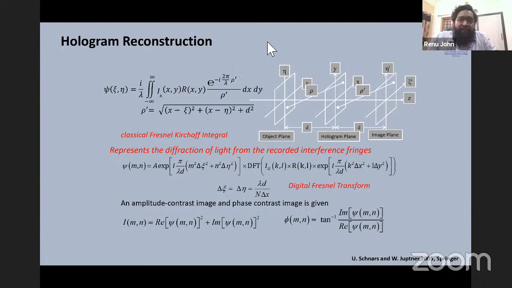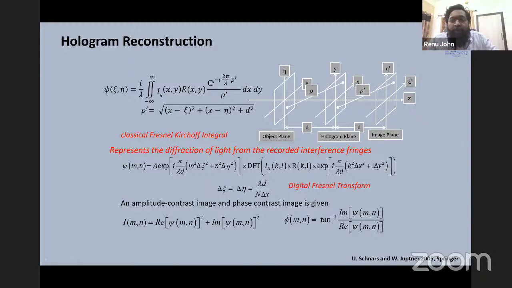So the basic principle is that you have the hologram that is recorded on your camera, and while reconstruction, you are essentially propagating the object waveform with the help of what we call the diffraction theory. So we use the Fresnel kernel or the Fraunhofer kernel, which is used for wave propagation, and propagate it to the object image plane, where we can reconstruct the object back.